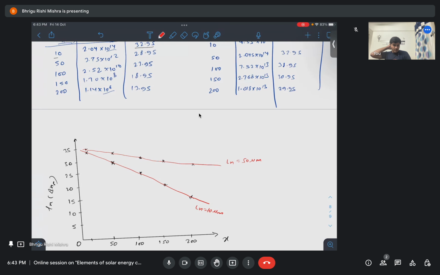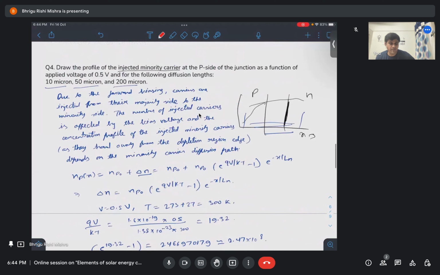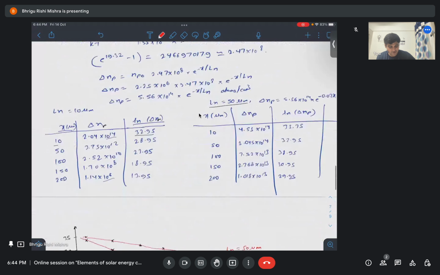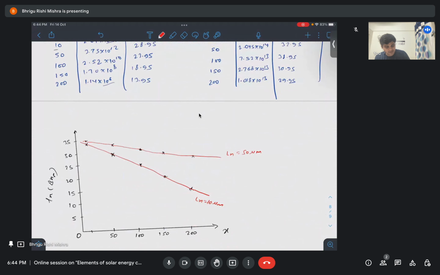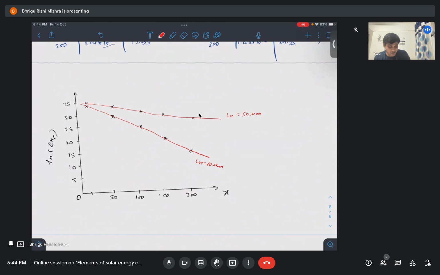Okay, in the same way you can also plot for ln equals 200 micron. Of course it will go here. So as you can see, when the diffusion length is high, even at large distance, for example in this case for 200 micron, the concentration doesn't decrease much.